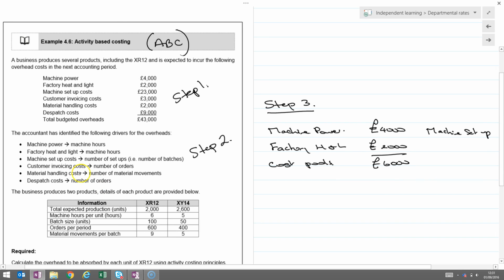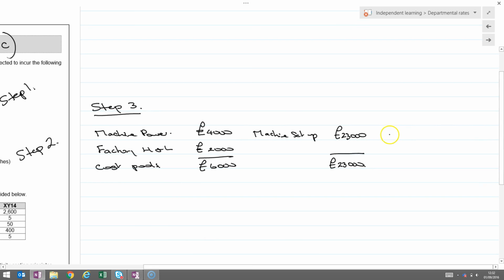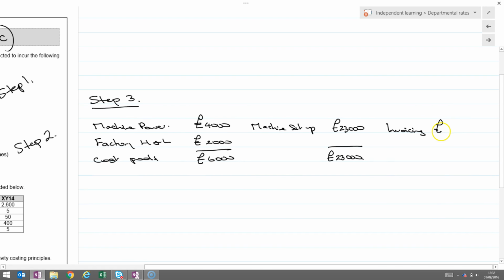Customer invoicing costs was caused by number of orders. And if you have a look at the other overheads, we can see that dispatch costs were also caused by the number of orders. So we can pool those two together. So invoicing costs and dispatch costs. So invoicing was 3,000.